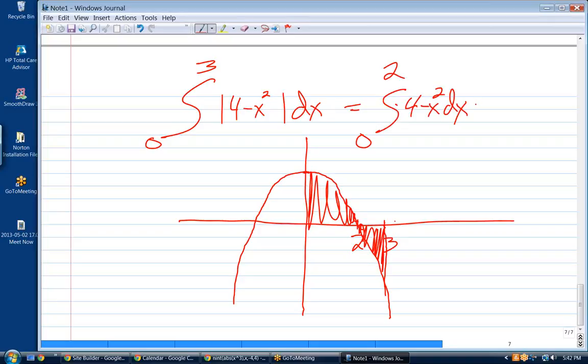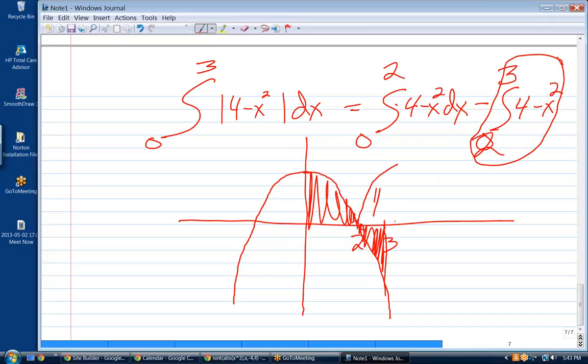And then minus the integral from 2 to 3 of 4 minus x squared, knowing that this will be a negative number, and doing minus that negative number will be the same as treating it positive. So that will essentially be the same as finding this area here.